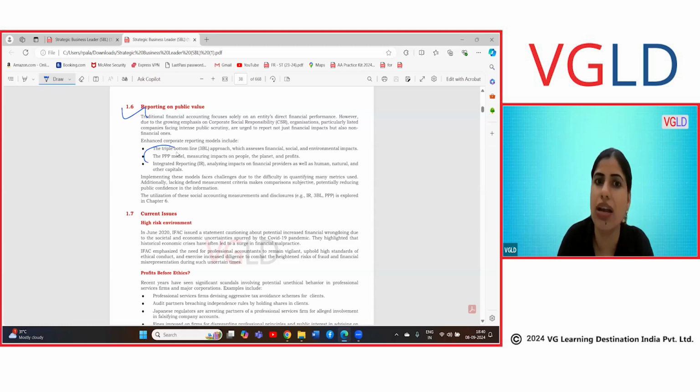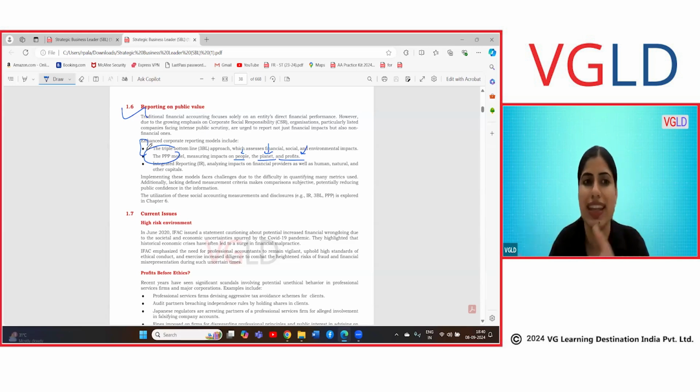That means we are measuring the impact on people, which is society. We are providing details on planet, which is environmental impact. And we are providing details on profit, which is the economic area. So triple bottom line and triple P model are the same, just the name is different, everything is the same.